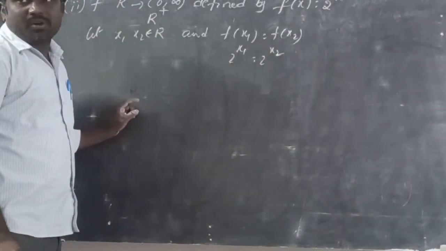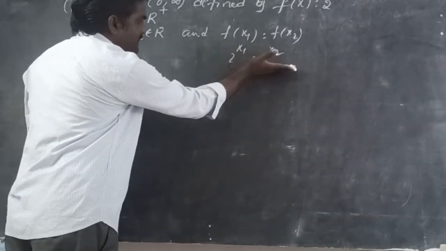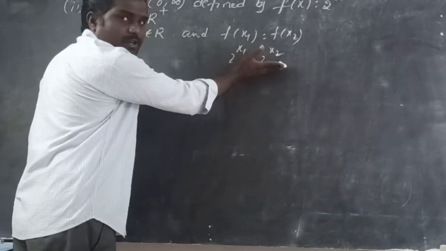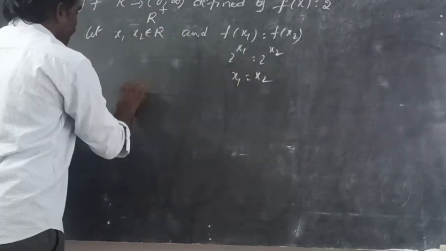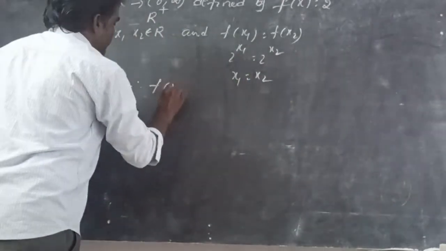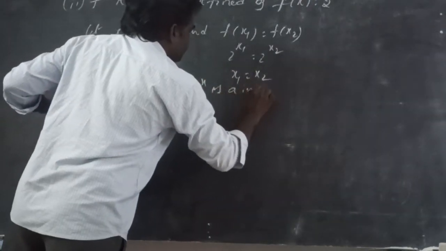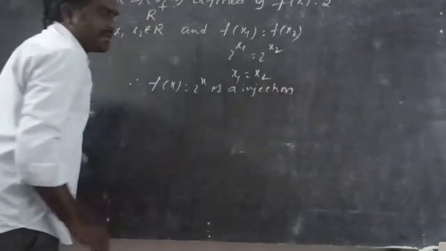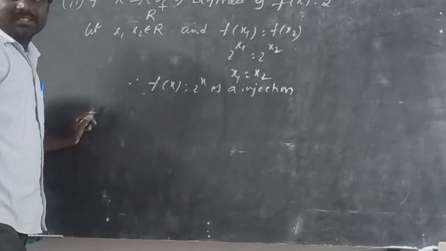In LHS the base is 2, in RHS the base is 2. The bases are equal, so the powers are also equal. So x1 is equal to x2. Therefore f of x equals 2 power x is an injection function.